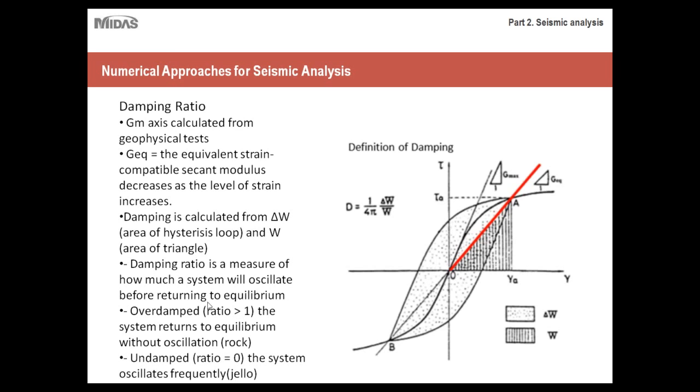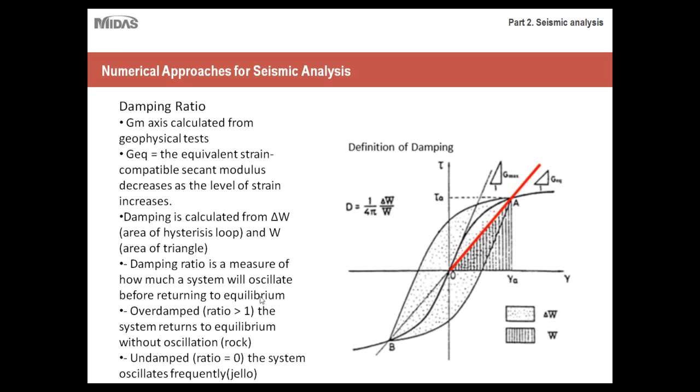Whereas if you have a system that's underdamped, so a ratio that's 0 or very near 0, the system oscillates very frequently. Just imagine a plate of Jell-O, and say you shake the plate, and then after you take your hand away, the Jell-O will still shake for a few seconds before returning to equilibrium. So that's the main difference to take into account: the higher your damping ratio is, the more resilient or stiff your soil will behave when seismic loading is applied to it.